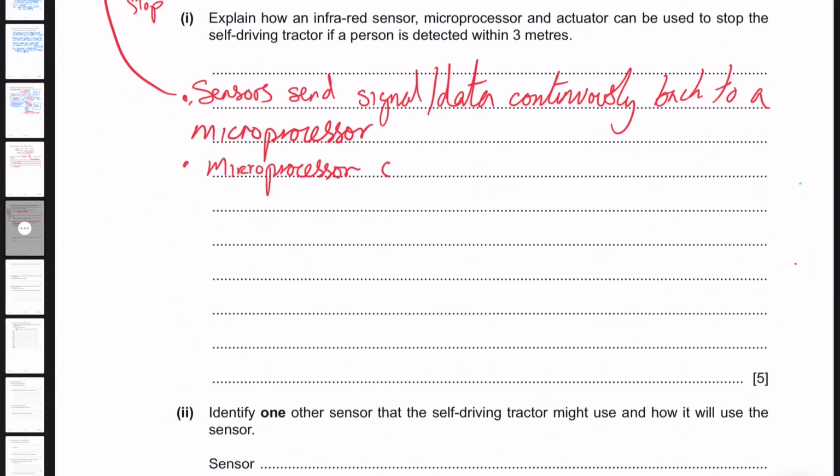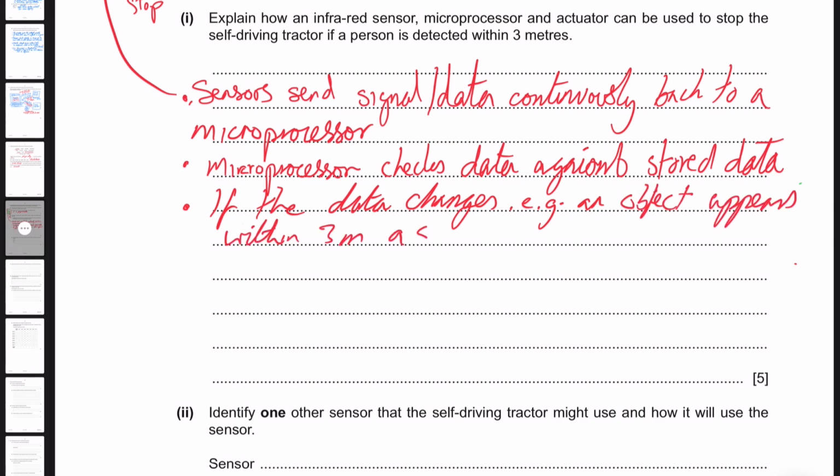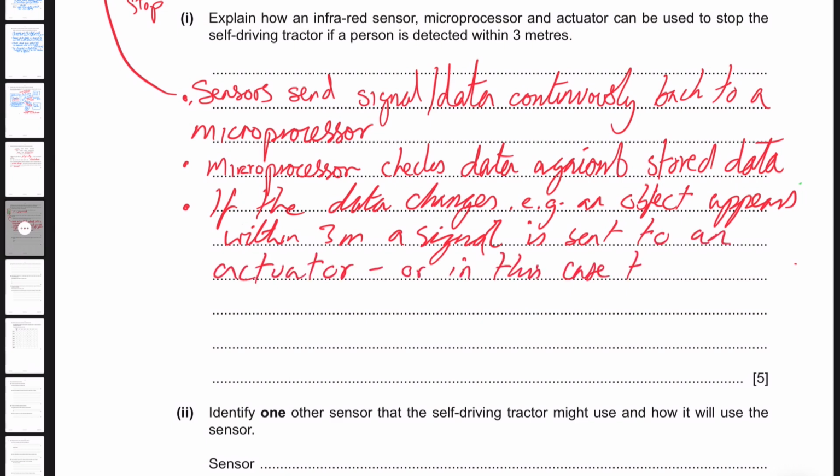Microprocessor checks data against stored data, usually in a database. Okay? If the data changes, e.g. an object appears within 3 meters, a signal is sent to an actuator, or in this case, the brakes of the tractor. Tractor stops.